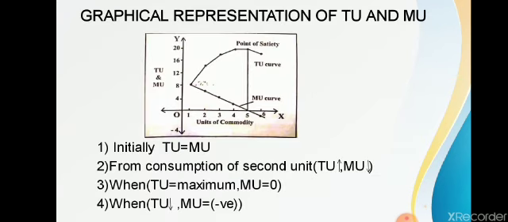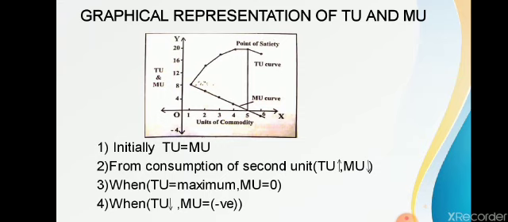The relationship between the total and the marginal utility can be better understood with the graphical presentation. Here in the graph we can see that the x-axis indicates the unit of commodity, whereas the y-axis indicates the total and the marginal utility.